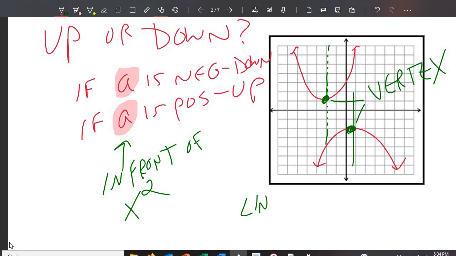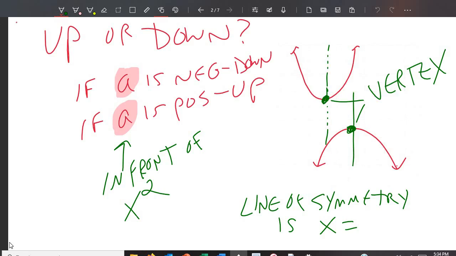So we need to know what this is. Whatever x is equal to, that's what our line of symmetry is. If x was -1, it'd be -1. If it was 6, it'd be 6. Alright. So not only do we have to determine up and down, we have to determine what the vertex is.